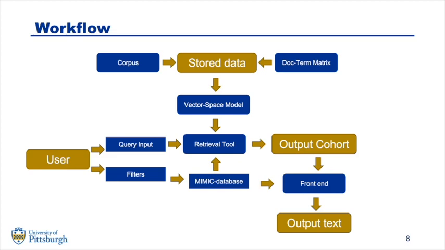Then the retrieval tool takes advantage of the corpus, the document term matrix, and the vector space model to produce an output cohort, which is in the form of row IDs again for the discharge notes. Those are given to the front end, which queries the database again to retrieve the text corresponding to those IDs, and then they are shown to the user.